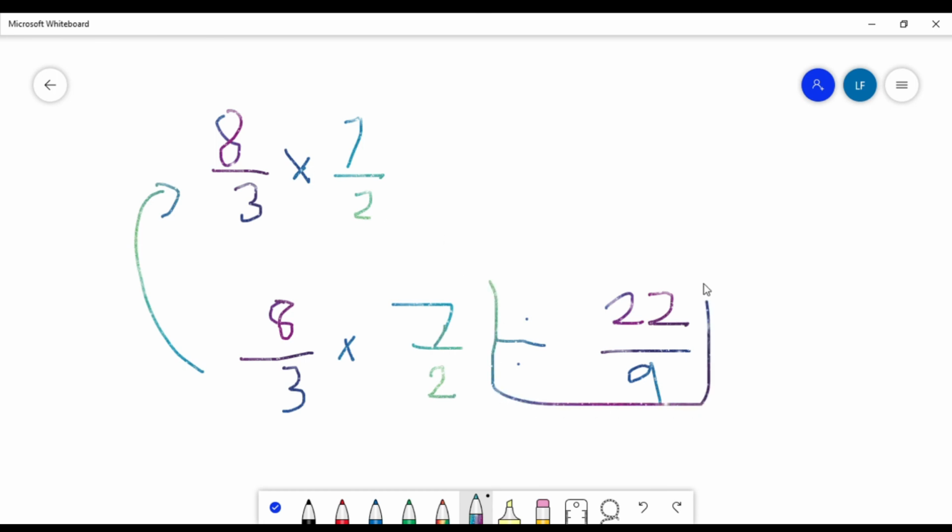What happens to this part? Let's see if you guys can remember. You guessed it. This division will become multiplication and we'll be taking the reciprocal of 22 by 9. So multiplied by 9 by 22.